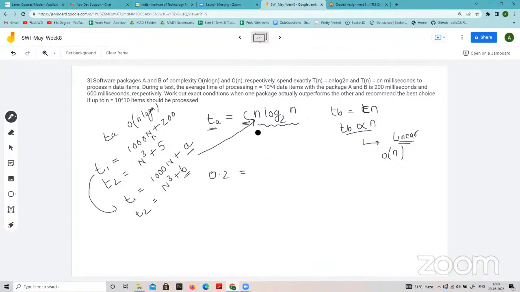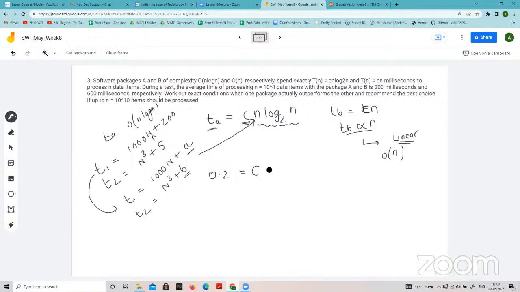For calculation, you will always have to put the SI units. Although the equations give the time in milliseconds, which is no issue, for calculation you'll always have to put the actual values in seconds. So 0.2.